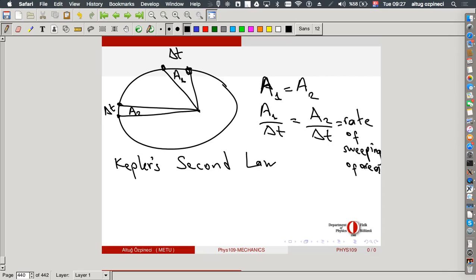Kepler's second law basically states that this rate is conserved. It doesn't change during the motion of the planet.